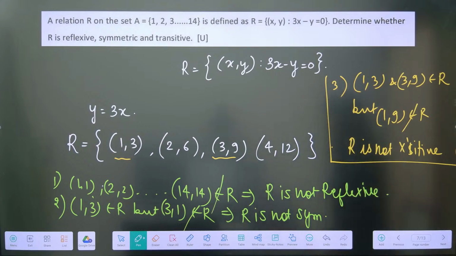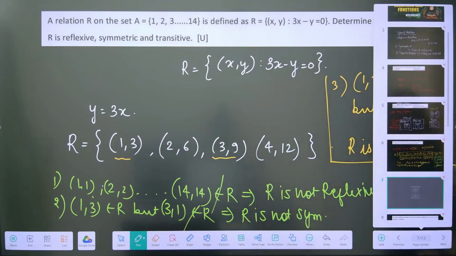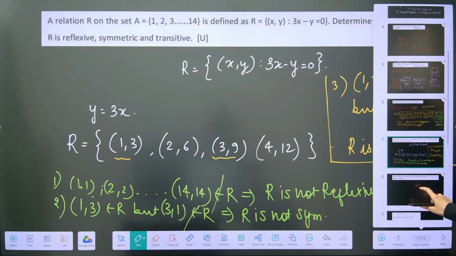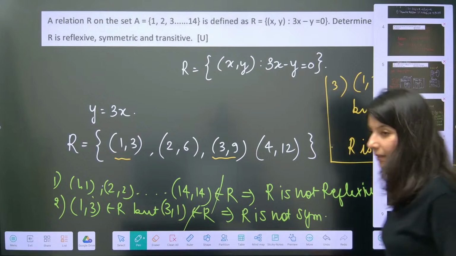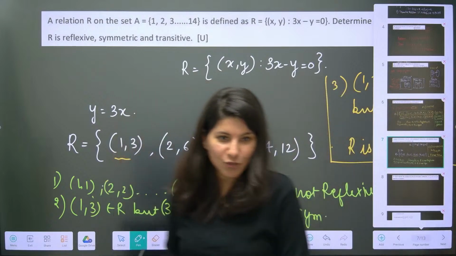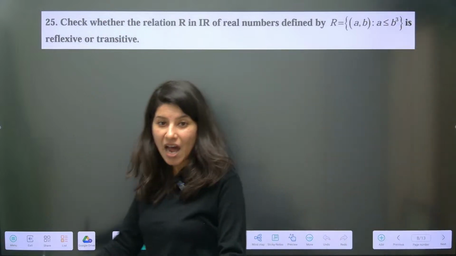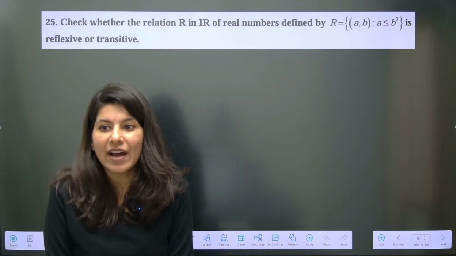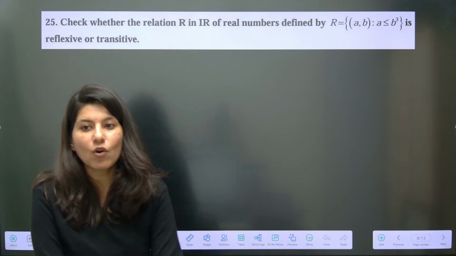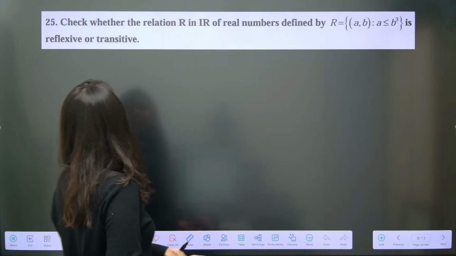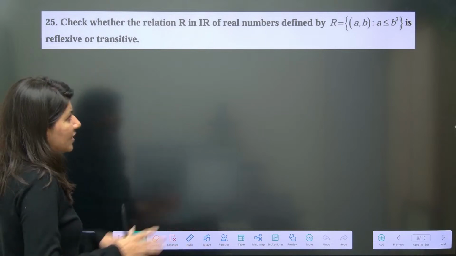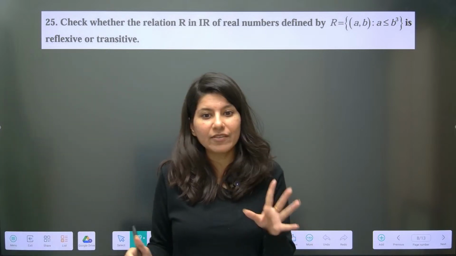Okay. One more question, do you want to see one on the same reflexive, symmetric, transitive? Yes, Kush, Mohit, absolutely right. One more question. Check whether the relation R defined by this is reflexive or transitive. Symmetry we don't have to check, only reflexive and transitive.